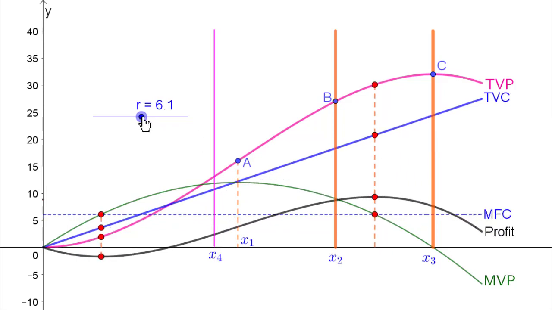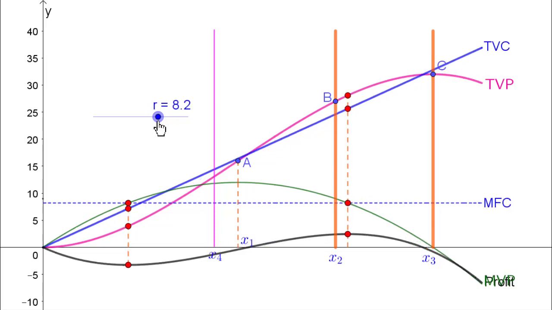However, if the input price further increases, for example here, we can notice that at X4, the profit is actually negative. So if the input price is equal to 8.2 and the producer can only afford X4, then it is better for that producer to shut down, to not produce at all.